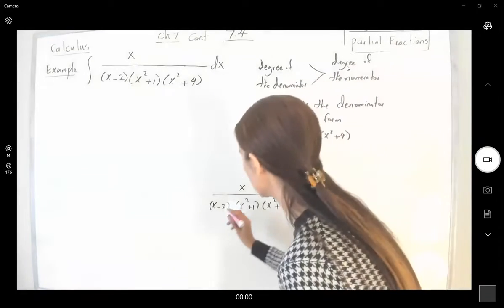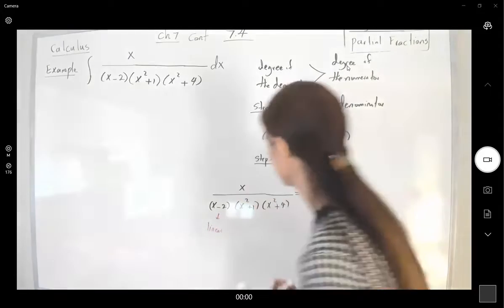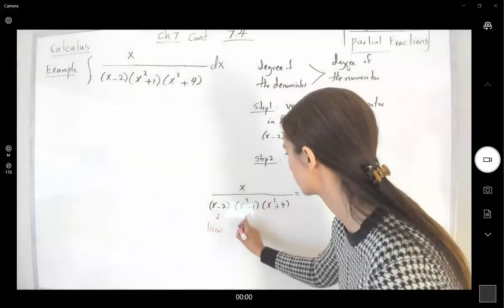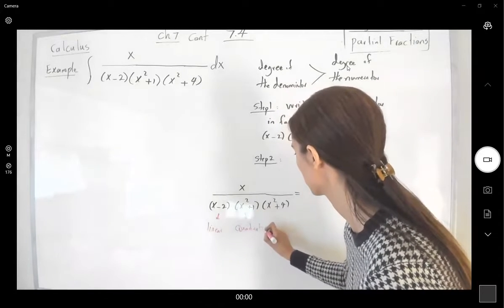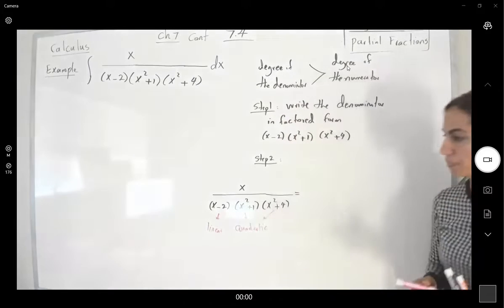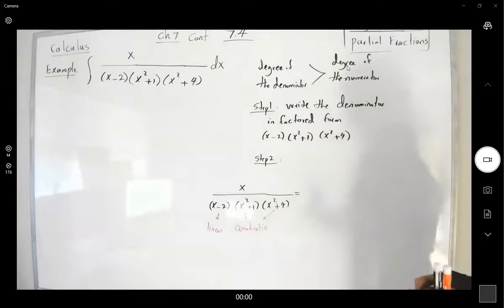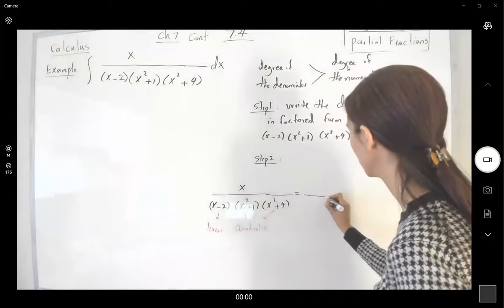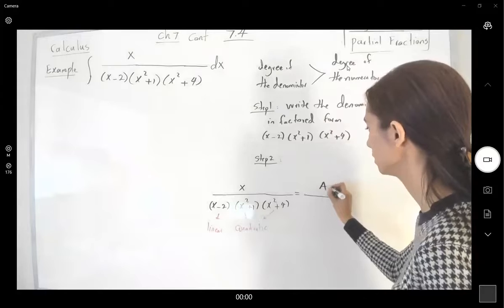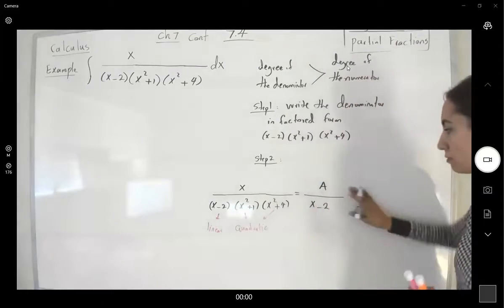This is linear. This guy is quadratic. The same for this x squared plus 4. So what are we going to do? We're going to create 3 partial fractions. So a over the linear term, x minus 2.